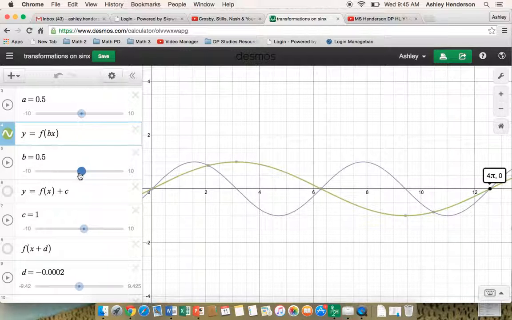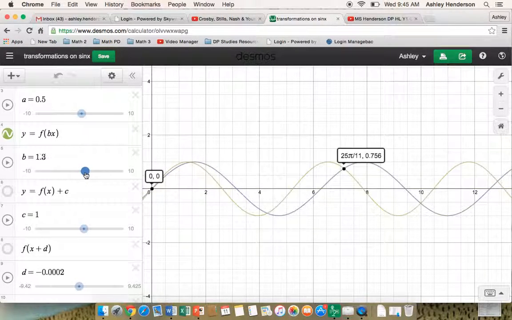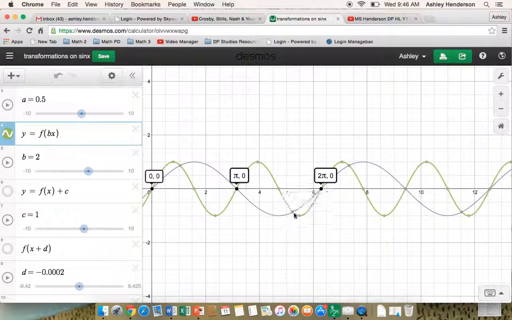So if I were to go to, like, let's say 2, now I still have my initial function ending here at 2 pi. I don't need that one anymore.